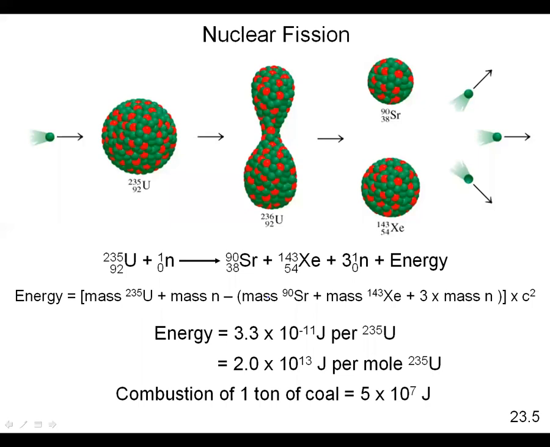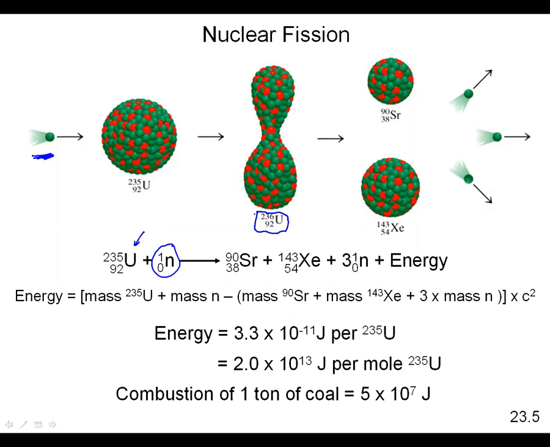Nuclear fission is sometimes done by starting it by hitting it with a particle. So uranium-235, which is sometimes used as fuel in a nuclear reaction, if you bombard it with a neutron, which is what we have coming in here, it hits our uranium-235. It becomes very unhappy and looks like a bowling pin, becoming uranium-236, which is unstable.